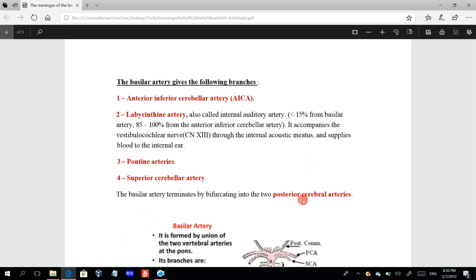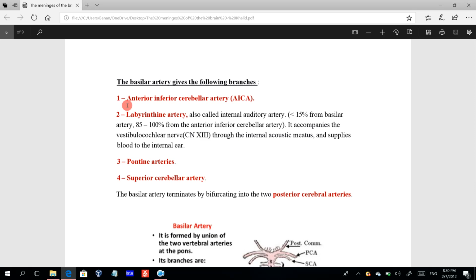The basilar artery gives the following branches. We have the anterior inferior cerebellar artery, AICA. Earlier we mentioned that we have the posterior inferior cerebellar artery, which arises from the vertebral artery.